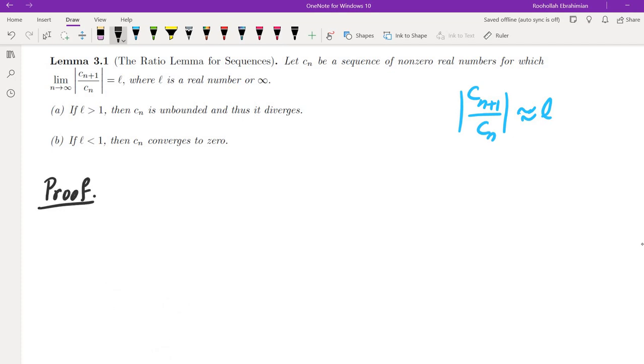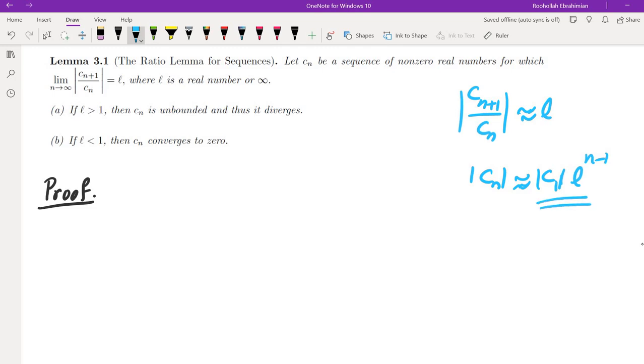Let me first of all tell you why this would have to be true. If the ratio of the terms is roughly L, then each of the terms is going to have to be the first term times L to the power of n minus 1, roughly speaking. It's basically a geometric sequence. Now, we know what happens to a geometric sequence.